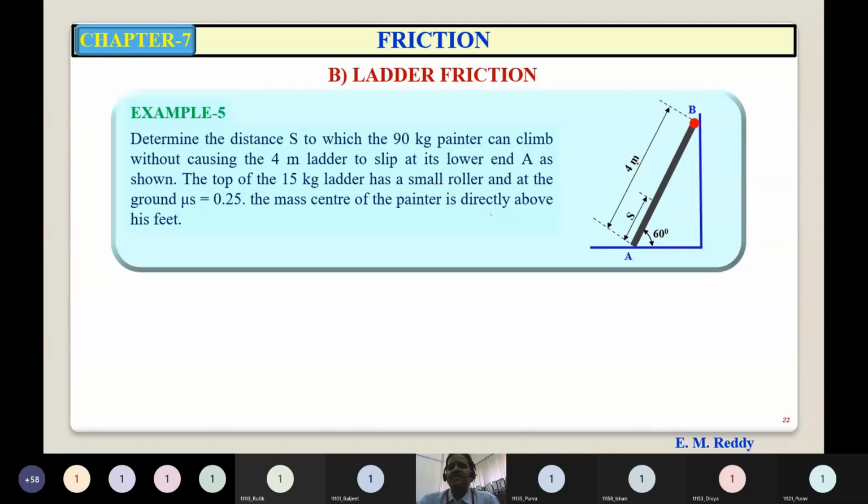When the ladder tends to slip, the upper end B tends to slide down, but because of the roller, it will roll down, assuming there is no friction between the roller and the surface. So here the coefficient of static friction is 0.